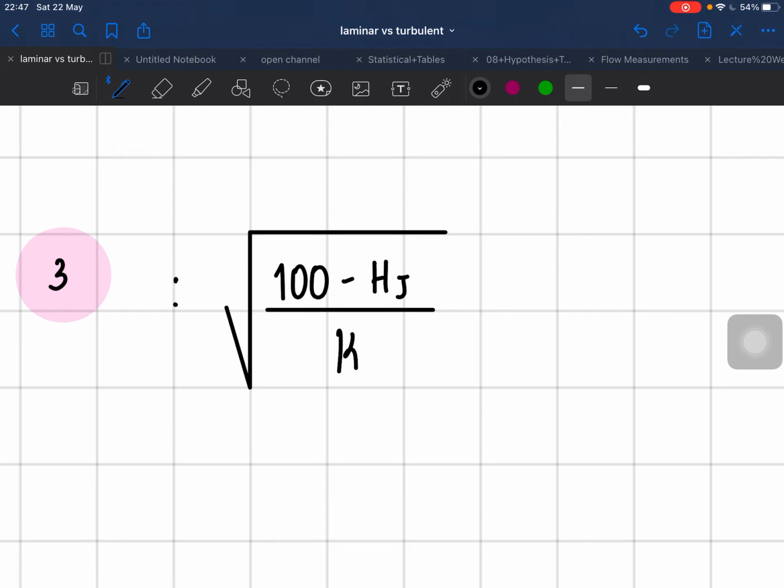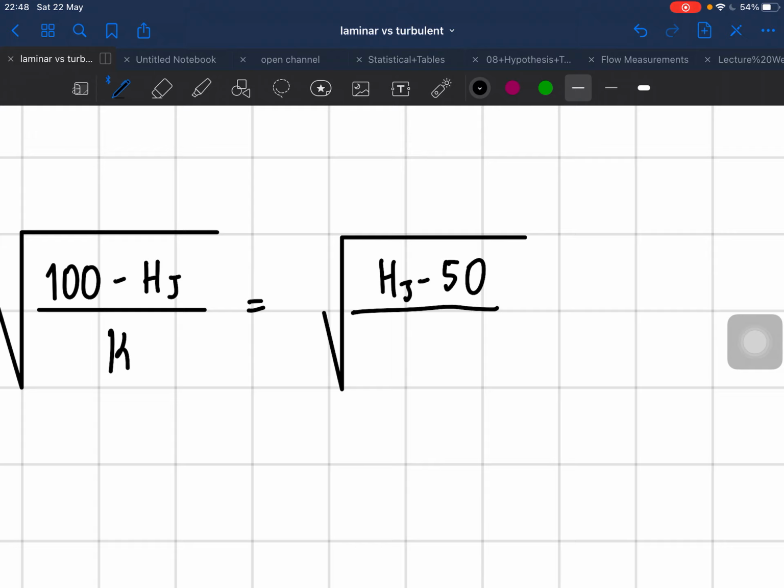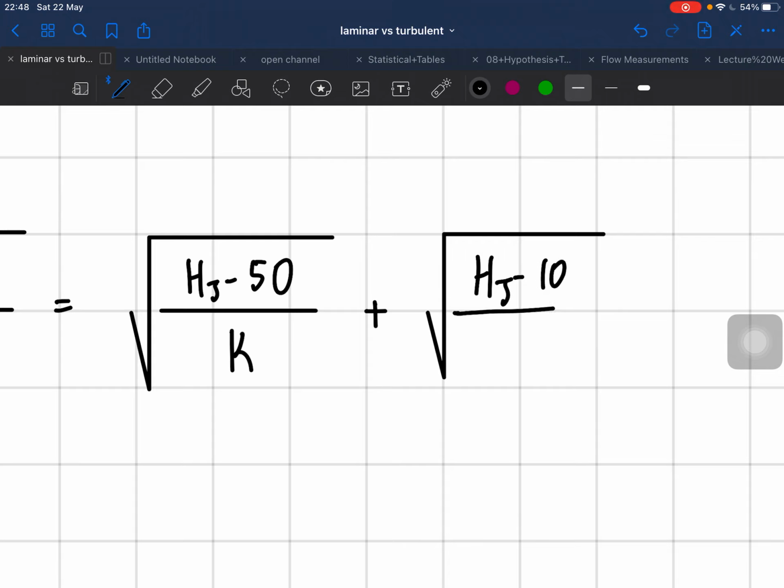No, it's not, right? Yeah, it's not. Why did I think it's the same? K plus square root of HJ minus 10 over k.